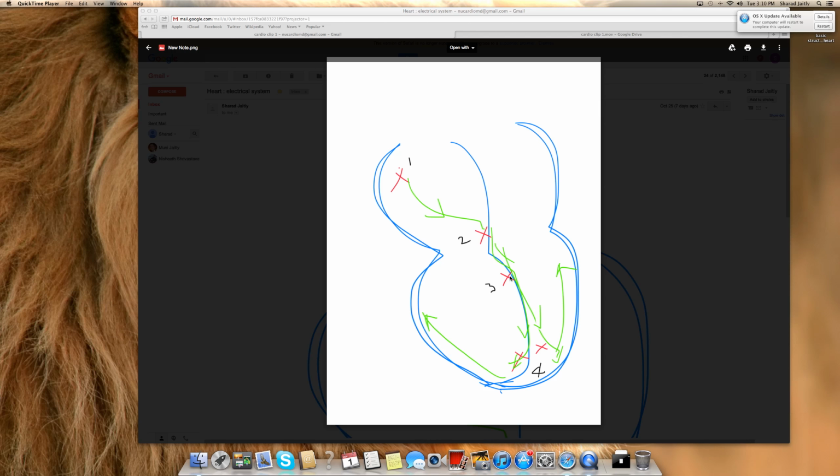And from there on, they divide, and one side travels and stimulates the right ventricle, and the other stimulates the left ventricle. Now, it's a very concerted way, again, as I always point out, that the cardiac cycle entails that the top chambers contract first, because obviously the impulse is originating here, so the impulse will go from 1 to 2.